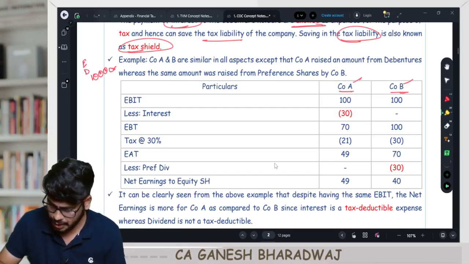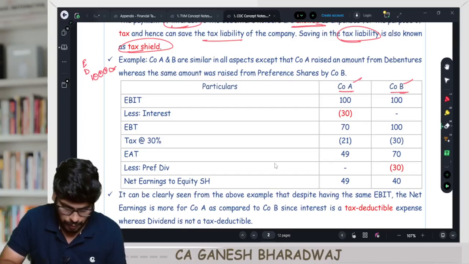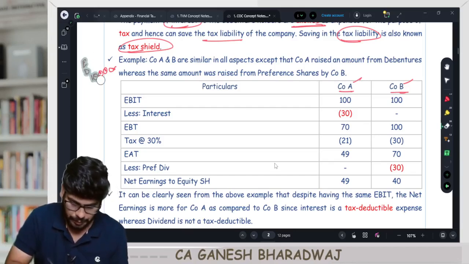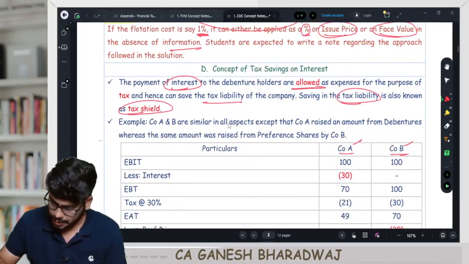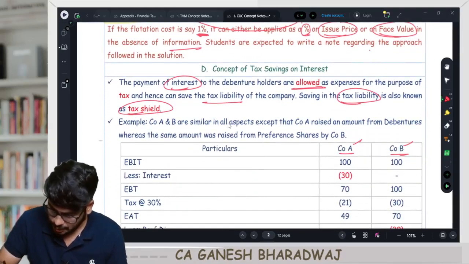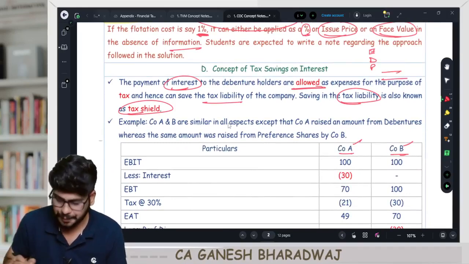Let me just put it here: equity, debt, preference, and total.